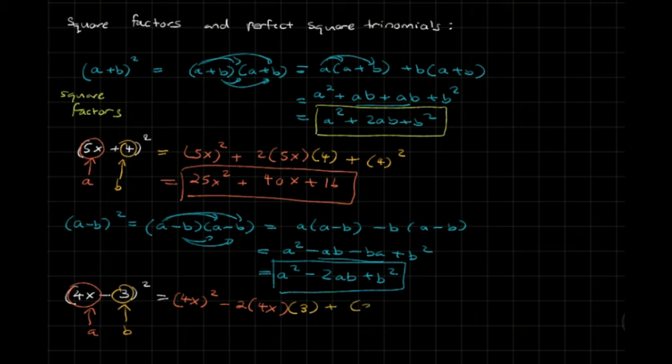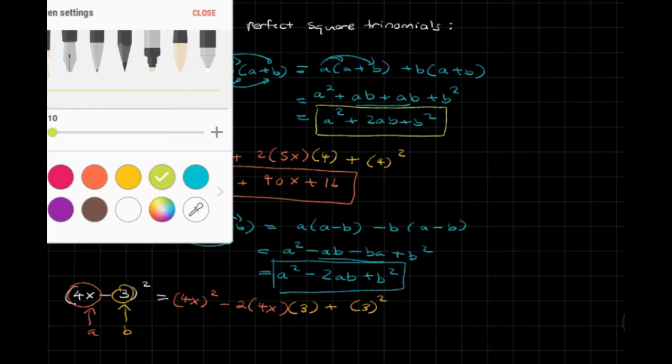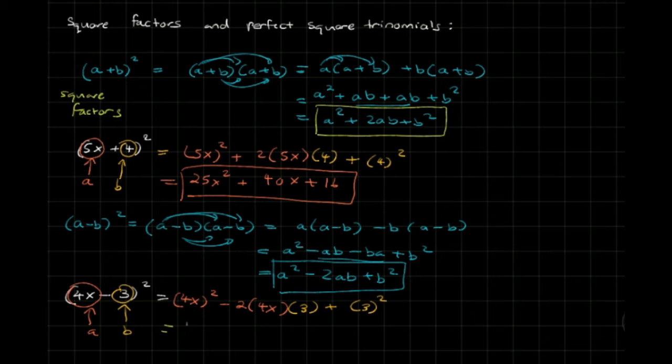So b squared is 3 squared. If we simplify this, 4x squared is 16x squared, minus 2 times 4x is 8x, times 3, which is 24x, plus 9. So this is the expanded version. This is a quick way of expanding square factors, either in the form of a plus b squared or a minus b squared. So this is a great expansion to understand, both of these expansions.